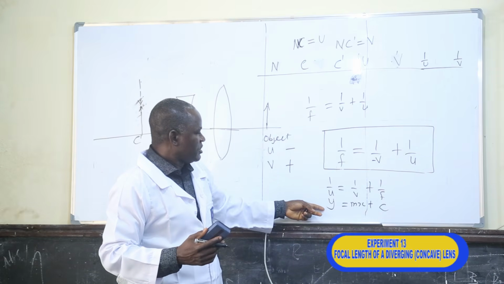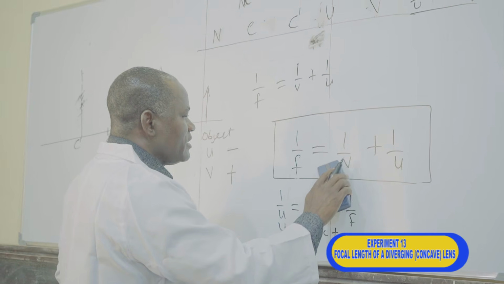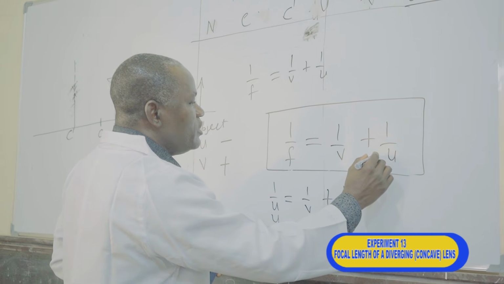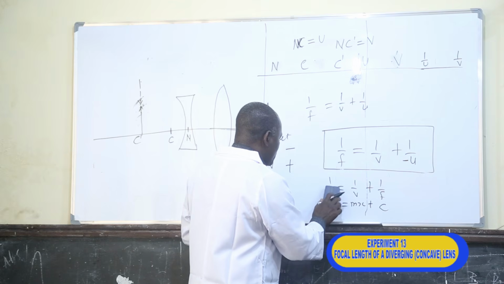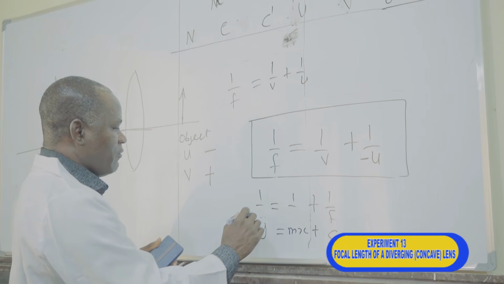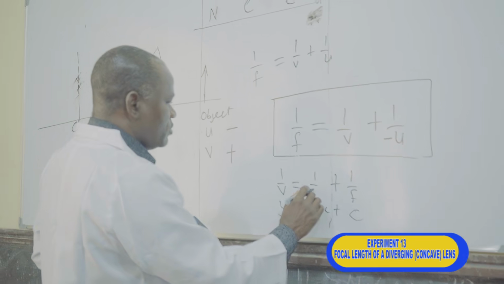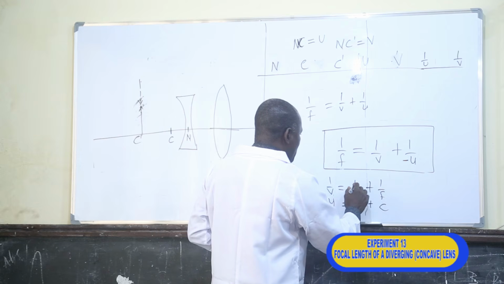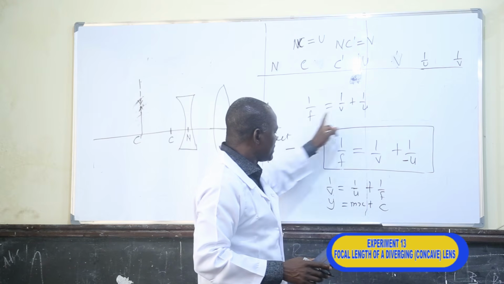We can come back to this equation and rearrange just the way we did for the other one. Don't forget, for this, we are saying that U is negative, meaning that we can rearrange in such a way that we have this equation to look like this. I can have 1/V equal to 1/U plus 1/F. What I've done in this case is to move 1/U to the other side.